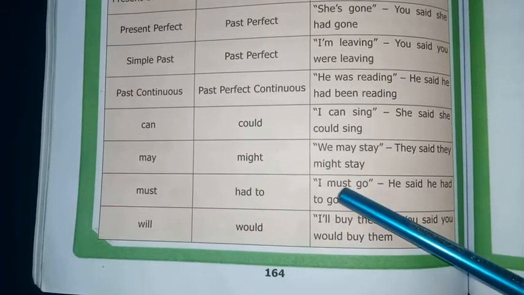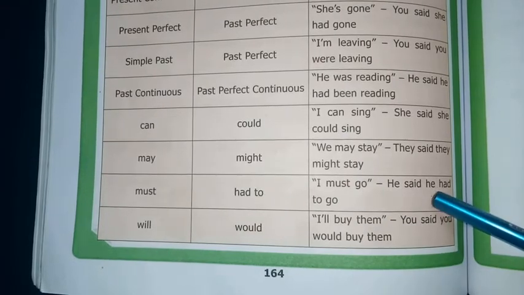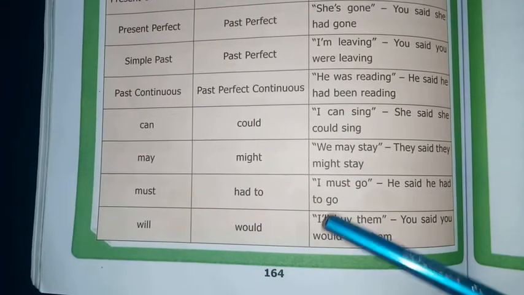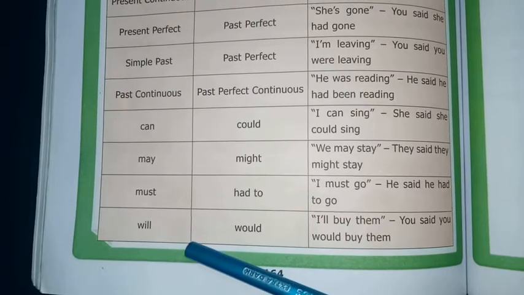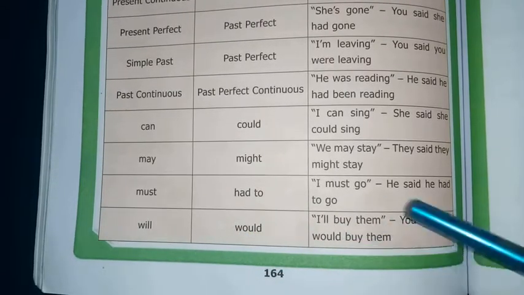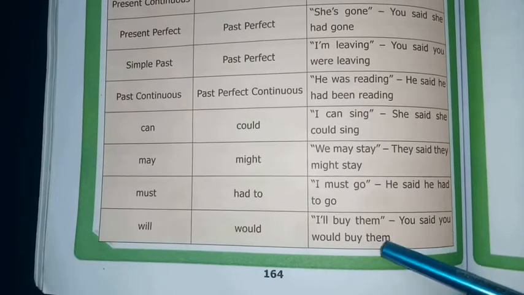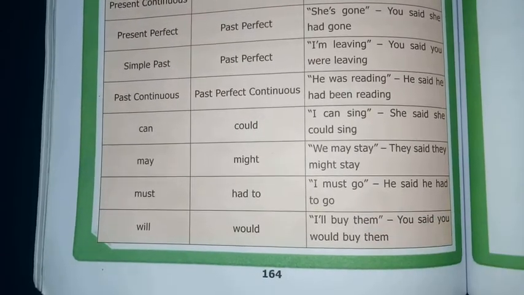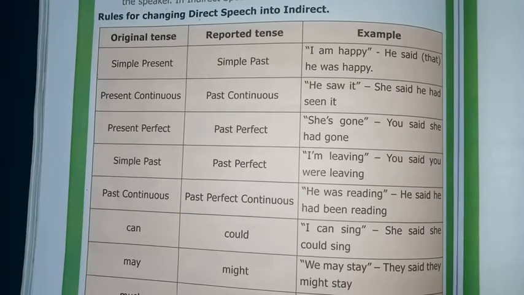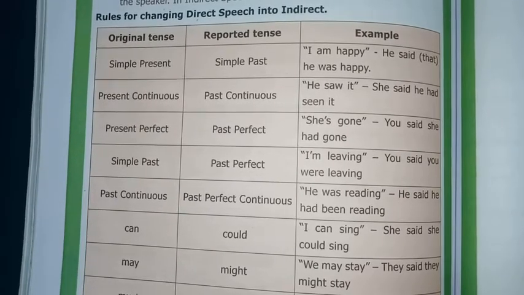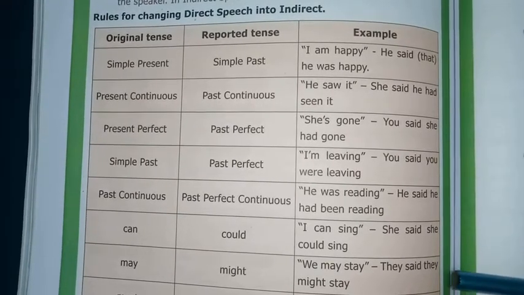Yes, here must is given and we changed it as he had to go. Will as would. I'll buy them. You said you would buy them. Yes. These are the rules for changing direct speech into indirect speech.